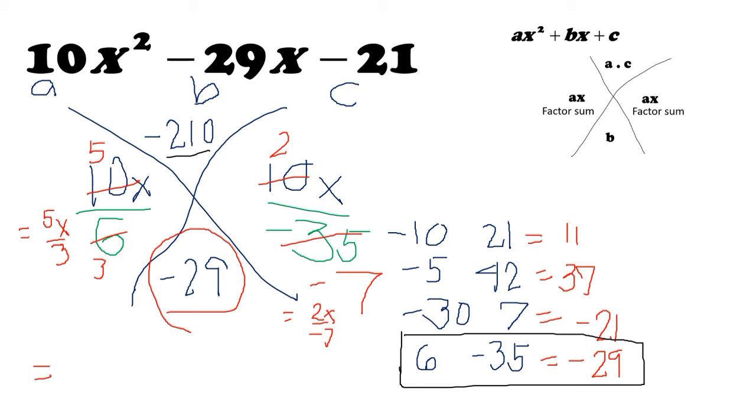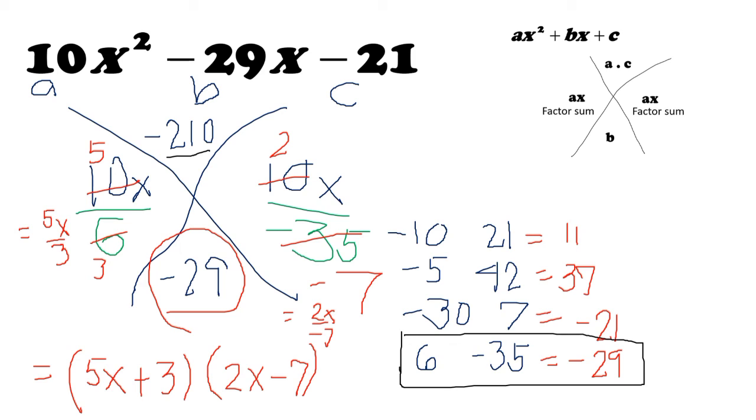This fractional value must be written in this form. 5x is the numerator, then the denominator that we have is positive 3, so plus 3. Then we have 2x from the numerator, then the denominator value is negative 7, so therefore negative 7.